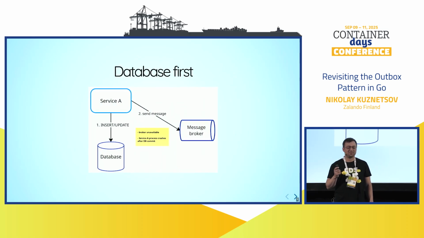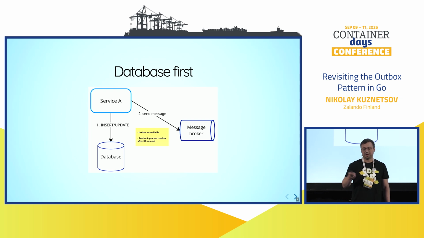First we write to the database. So we place our order to the database, and then after the transaction is done, we send a message to the message broker. But the problem here is that the message broker might not be available. Maybe it ran out of disk space, maybe networking issues.